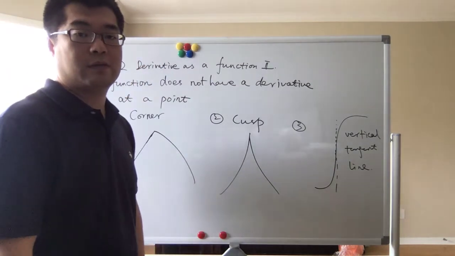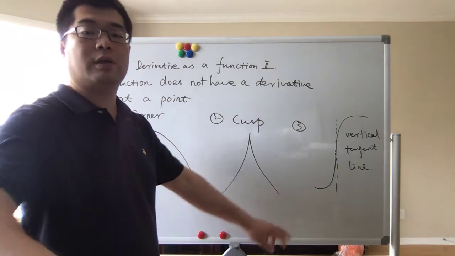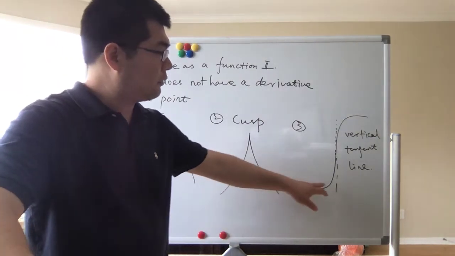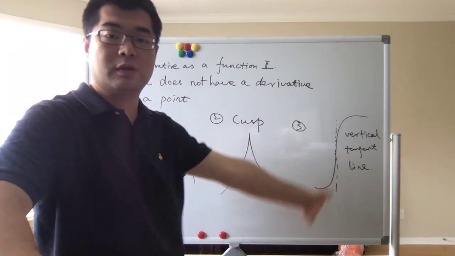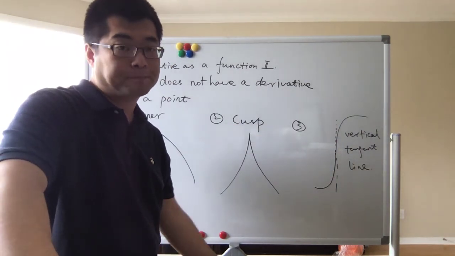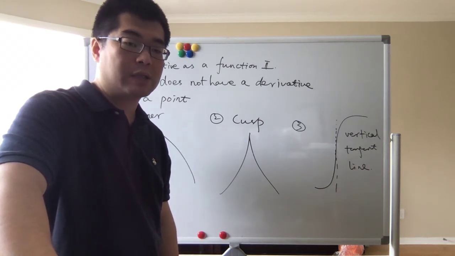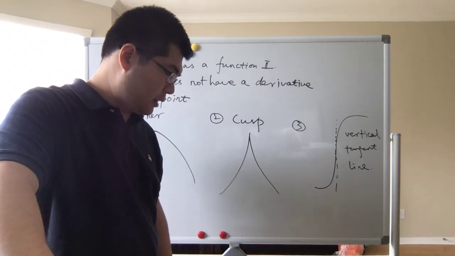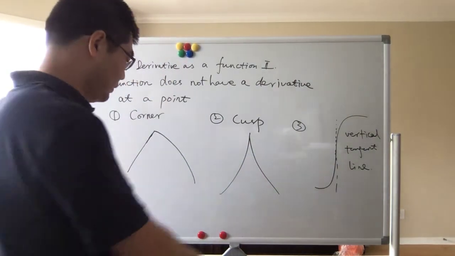Hence, the derivative does not exist. And there is another situation, if you have a function like this, and then at this specific point, you have a vertical tangent line, and then that slope also does not exist, and then the derivative does not exist at this point, okay?